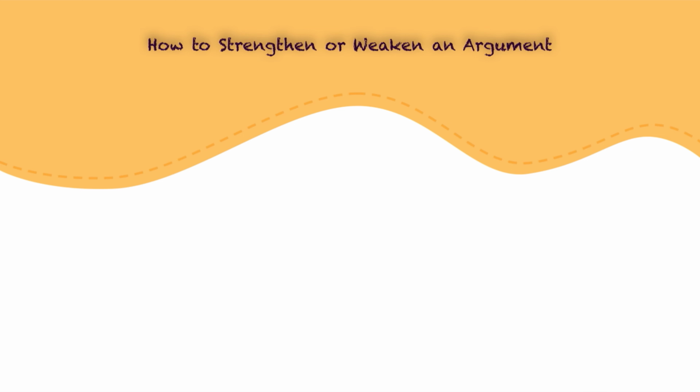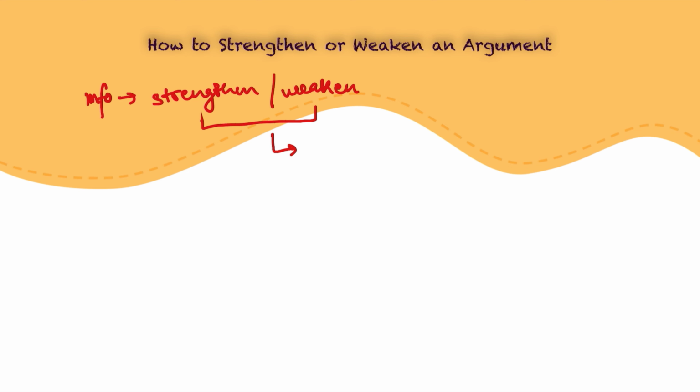So let's talk about how strengthening or weakening an argument works, right? How do you strengthen or weaken an argument? Essentially, in such questions they ask you to find information that will either strengthen or weaken, based on what the question is asking for. What will it strengthen or weaken? It will strengthen or weaken the conclusion of the given argument, right?